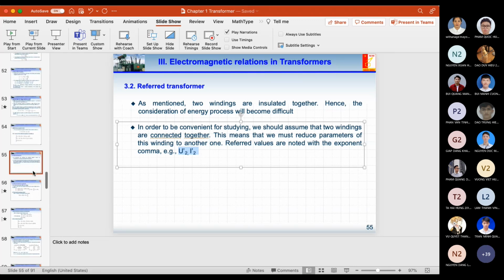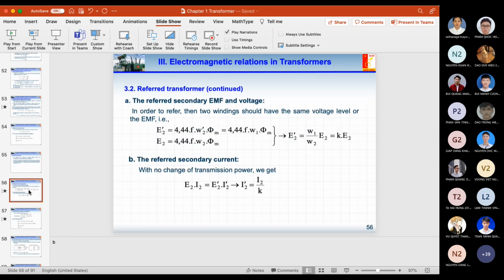And now we do step by step, for each parameter of the transformer on the secondary side. And of course, first of all, we are talking about the reference secondary electromagnetic force and the voltage.